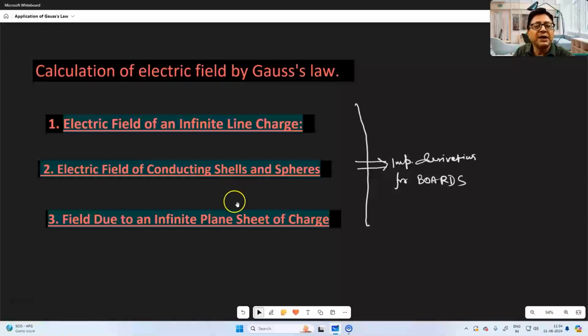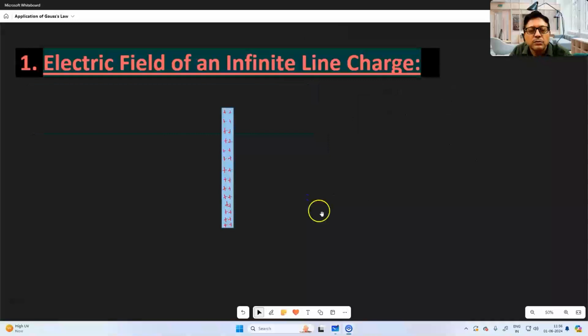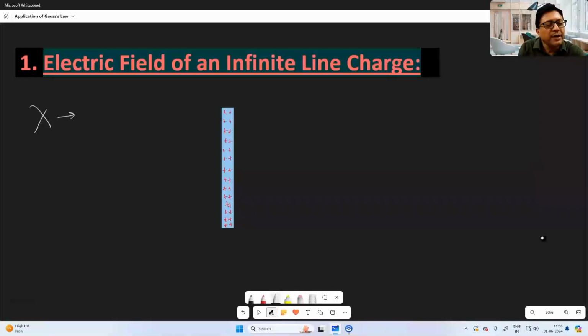Let us start with electric field of infinite line charge. Imagine it is infinitely long, a charge thread. It has a line density of charge which is given by lambda, lambda equal to line density of charge.